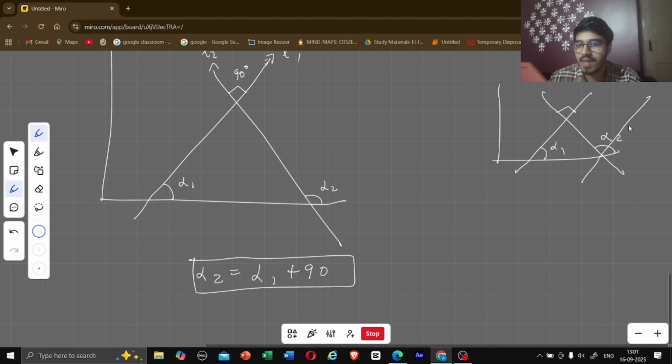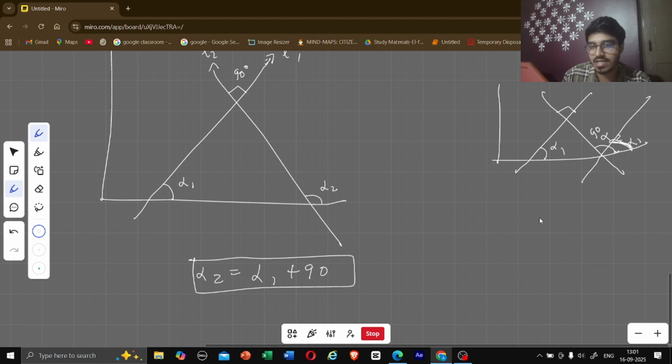I have drawn a parallel line here, and this alpha 2 gets divided into alpha 1 plus 90 degrees. So this angle is 90. So alpha 2 is equal to alpha 1 plus 90 degrees.